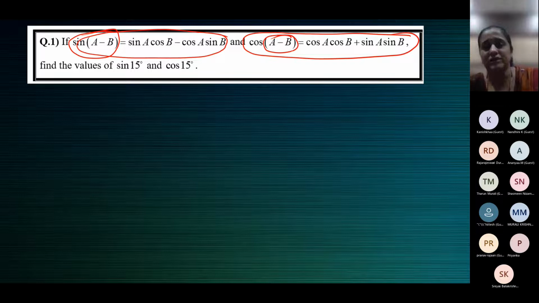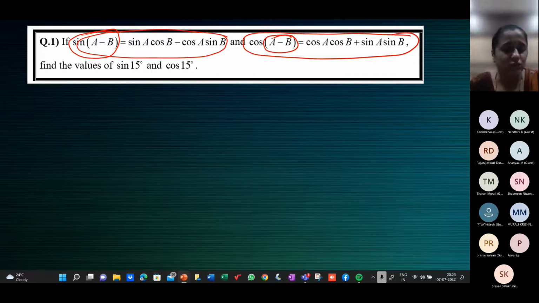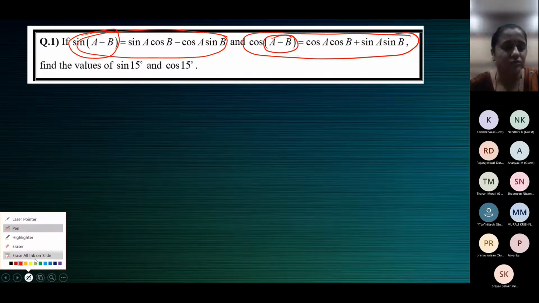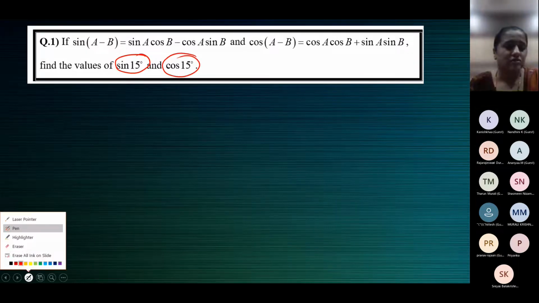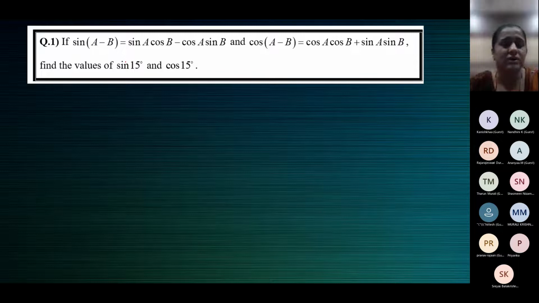Cos of A minus B is equal to cos A cos B plus sin A sin B. So there are two formulae given to you. You need to use the appropriate formula to find the value of sine 15 degrees and cos 15 degrees. To find sine 15 degrees, use sine of A minus B, and to find cos 15 degrees, use cos of A minus B.